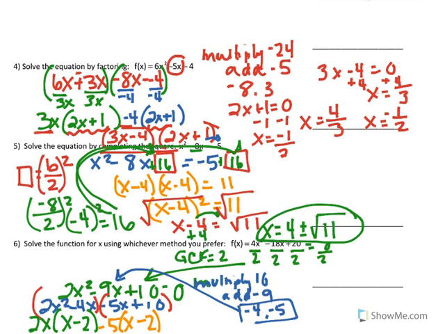So I can take these, and my factors for these are going to be 2x minus 5. We have to set them equal to 0 because we have to find out what our solution is. And then we have x minus 2 is equal to 0.